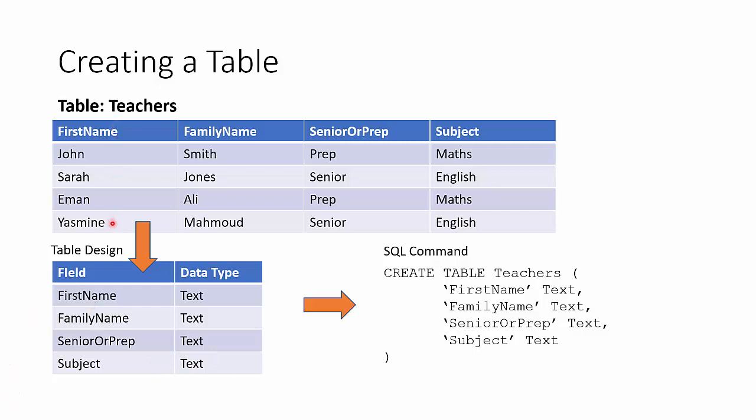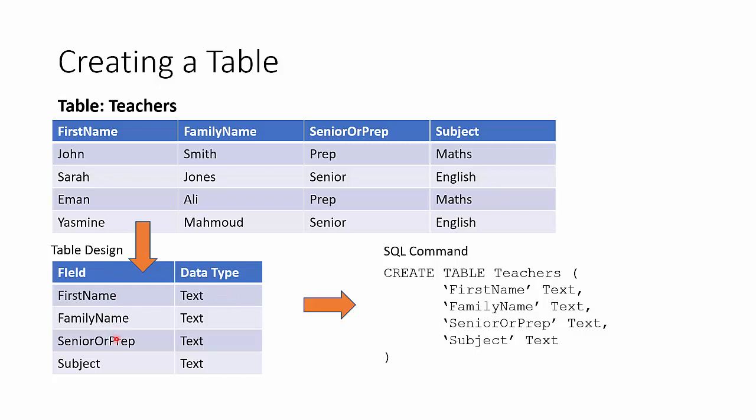So the first name column, first name field here, is now a row on our table design. And the reason it's become a row is because now we can start giving a little bit more information about the first name field. So we can talk about what its data type is going to be. And in this case, we can see that the first name's data type is text.